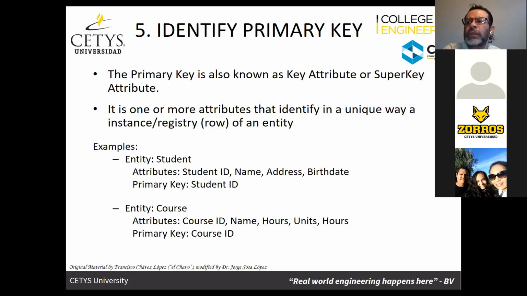So again, I just gave you guys two examples, students and courses, where we defined attributes and we are able to identify a primary key. Because remember that we need a primary key, or else we're not going to be able to uniquely identify each of the elements in the entity. So what would be a problematic situation that we might be faced with when we're in this design phase?